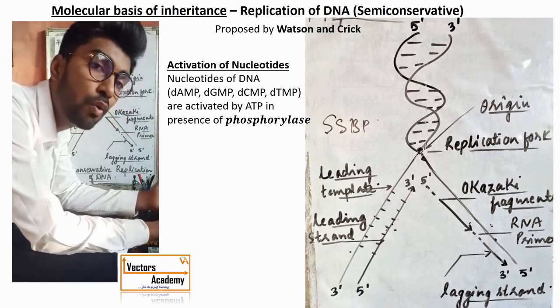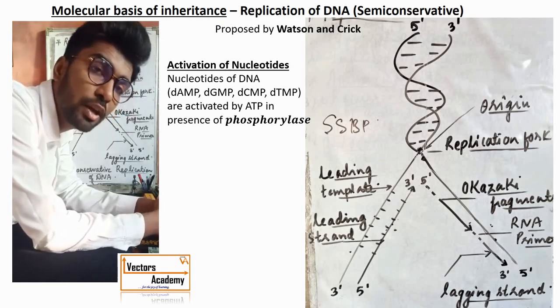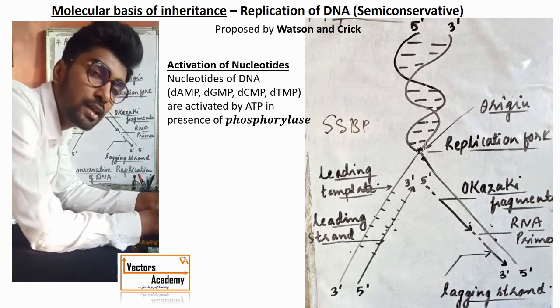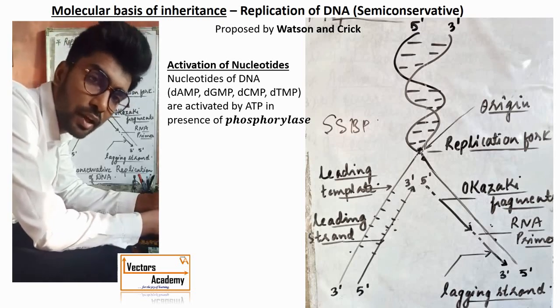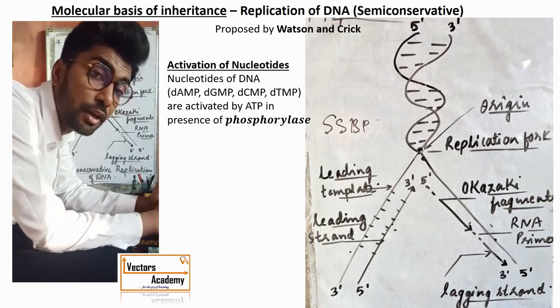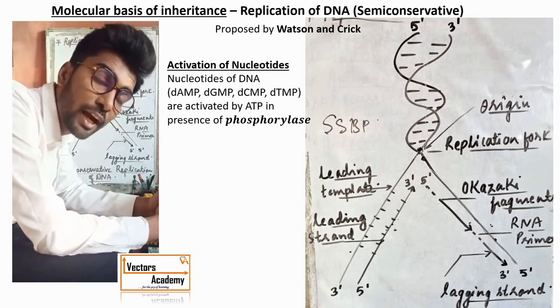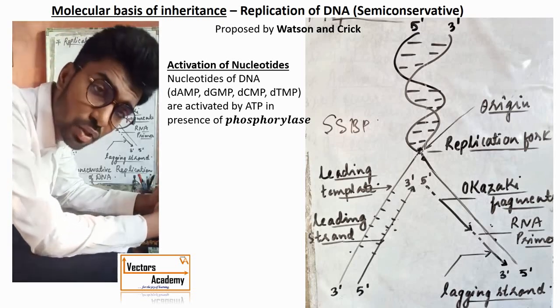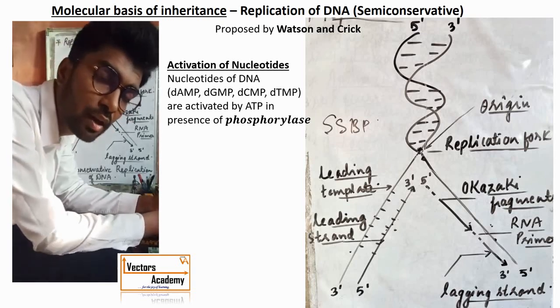They form deoxyribonucleotide triphosphates, that is dATP, dGTP, dCTP and dTTP. That is called activation of the nucleotide, which is done by a phosphorylation reaction using ATP in the presence of the enzyme phosphorylase.